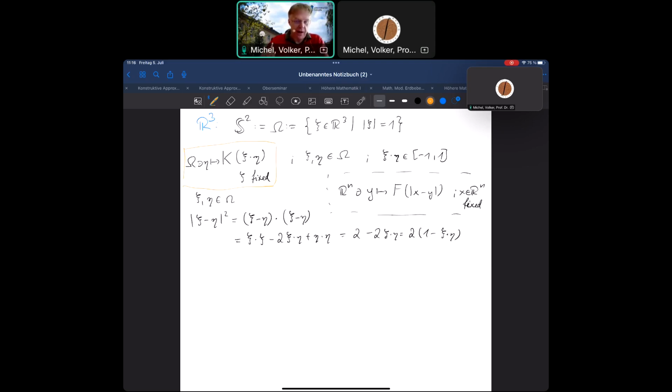The consequence is that you get circles around xi where these functions are constant. So these functions are called spherical radial basis functions. You don't have a basis yet, but people call it that way.